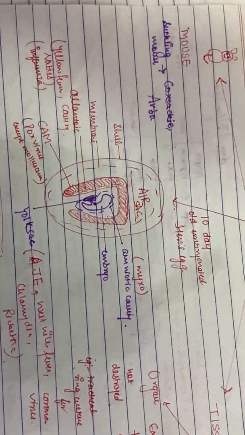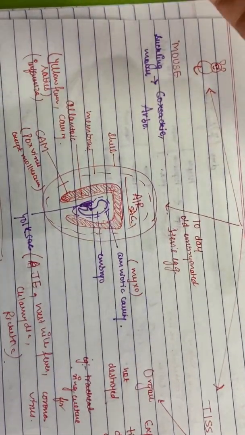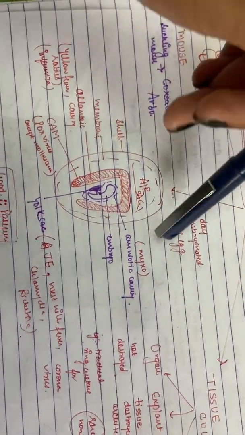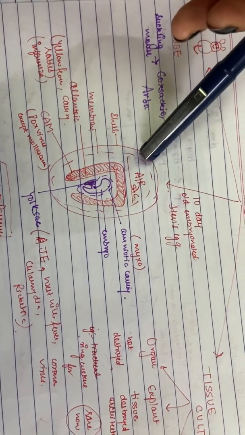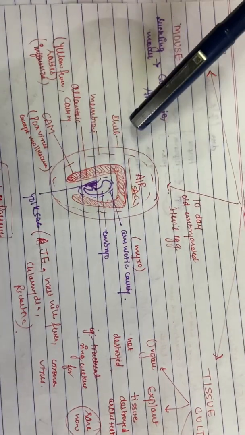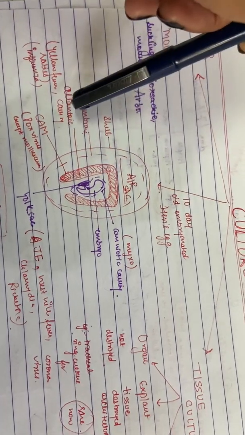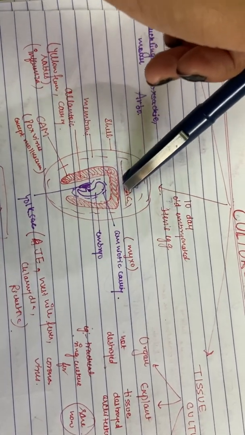The egg usually is approximately a 10-day-old embryonated egg. It will have an embryo over here, and as you can see, the diagram is very important. This red colored outline is the egg shell, and these broken lines form the shell membrane, and this part is the air sac.